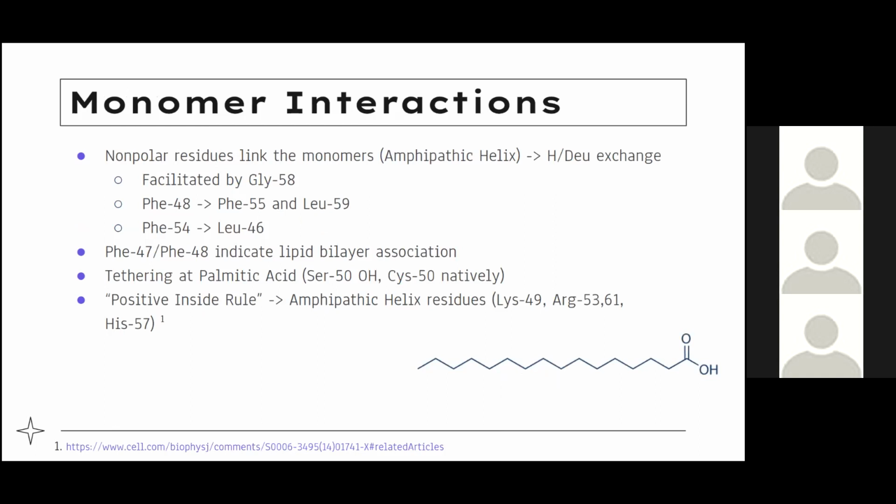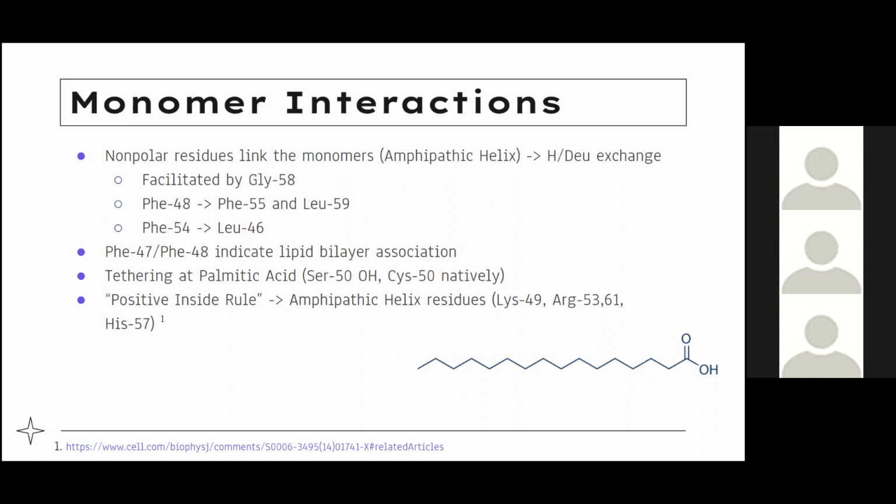And moving on to how the monomers interact with each other. The nonpolar residues link the monomers in the amphipathic helices. These are buried very deep in the molecule since they're between the monomers themselves. And this was proved with hydrogen deuterium exchange data to show that these parts of the protein were the slowest exchanging, which is consistent with what we think is the interaction there.